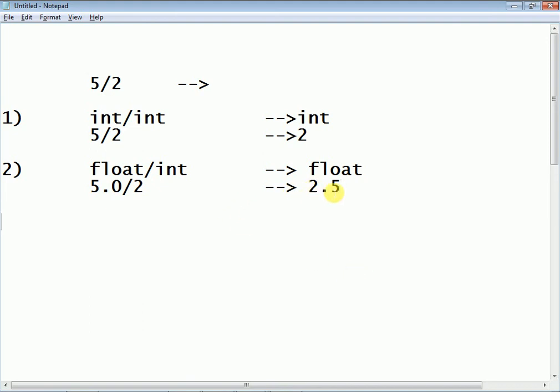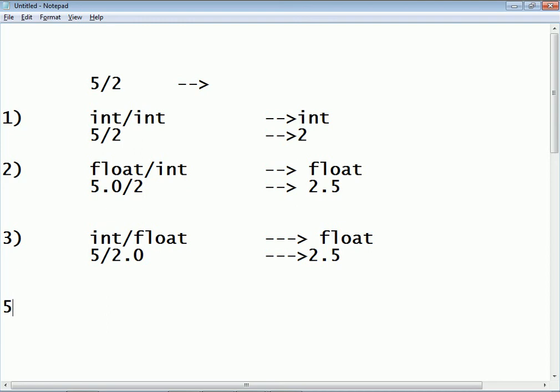Third example: integer by float. Integer by float is also a float. 5 by 2.0, the result is 2.5.